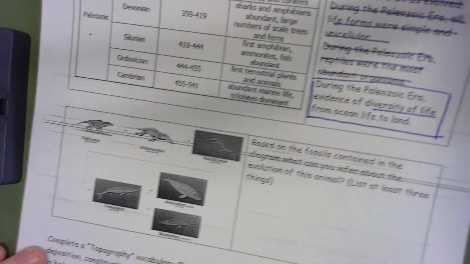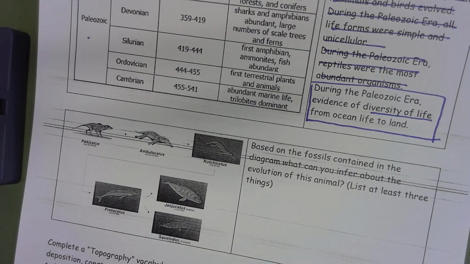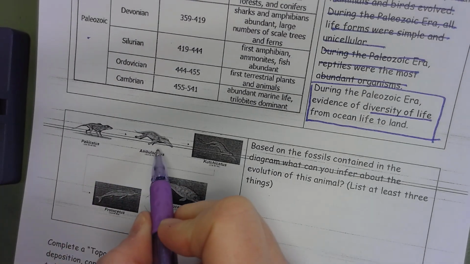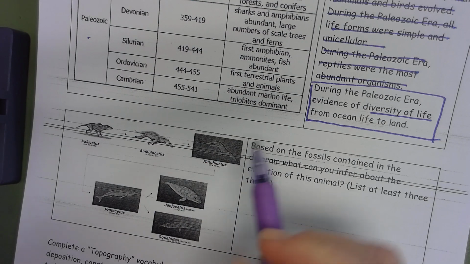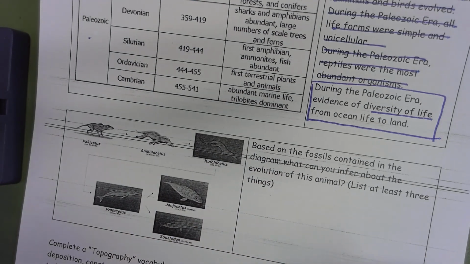For the next one, based on the fossils contained in the diagram, what can you infer about the evolution of this animal? List at least 3 things. So it's a little hard to tell, but this is a terrestrial dinosaur. This is probably something that lived on land and in water, and these are all underwater and starting to look more like dolphins.